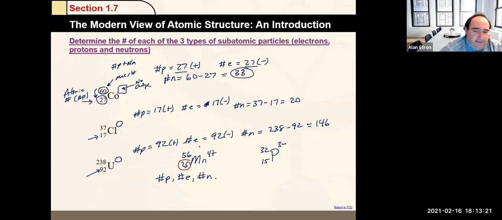In this particular case, that means this guy would have 25 protons, which are positive. In terms of neutrons, we would subtract those two. So we would take 56 minus 25, and that's going to give us 31 neutrons here.